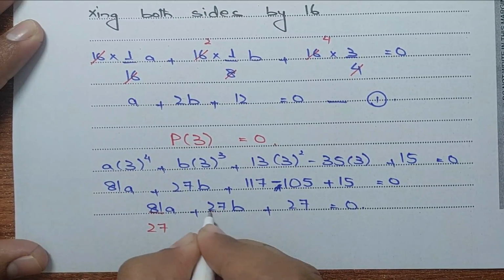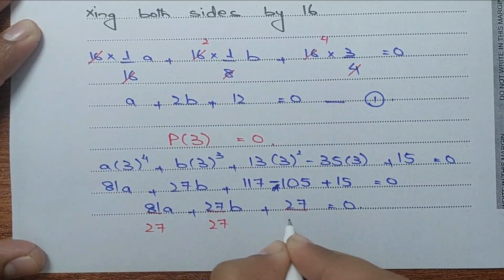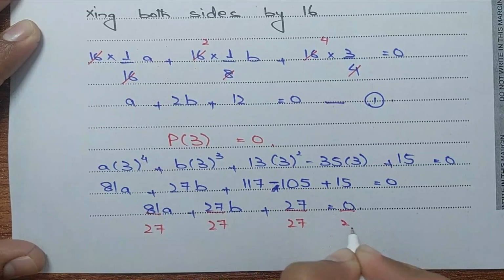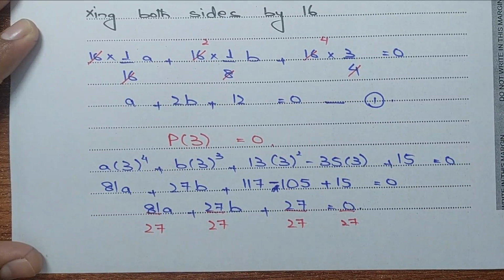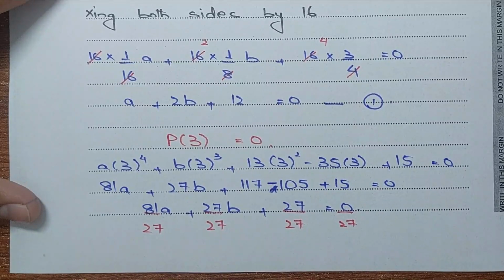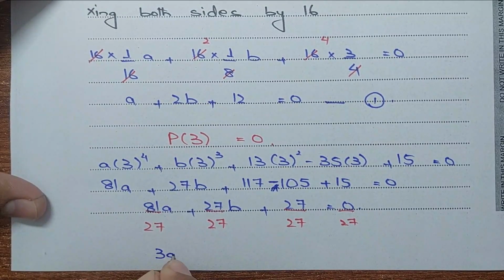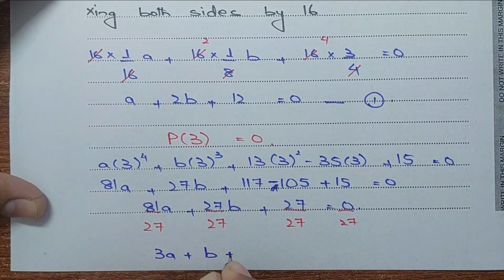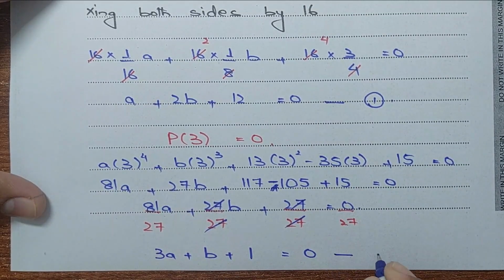Divide everything by 27. Now 81 divided by 27 is 3, so 3 is the coefficient of A, 1 is the coefficient for B, and the constant term is also 1 equals 0. 27 times 1 is 27. This is my second equation.